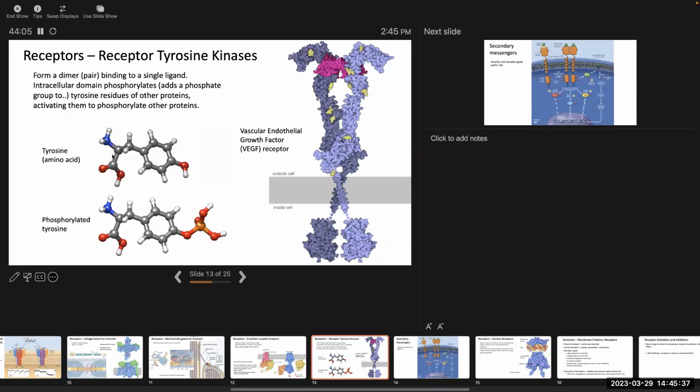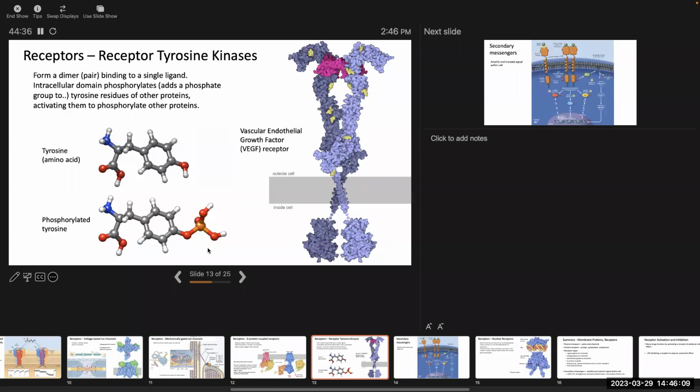But just use your imagination and imagine that tyrosine was part of a polypeptide chain. This benzene ring is just the side chain sticking out from that tyrosine residue. Then there's an OH group on the tyrosine that's replaced with a phosphate group. So this is a phosphorylated tyrosine residue in a protein.